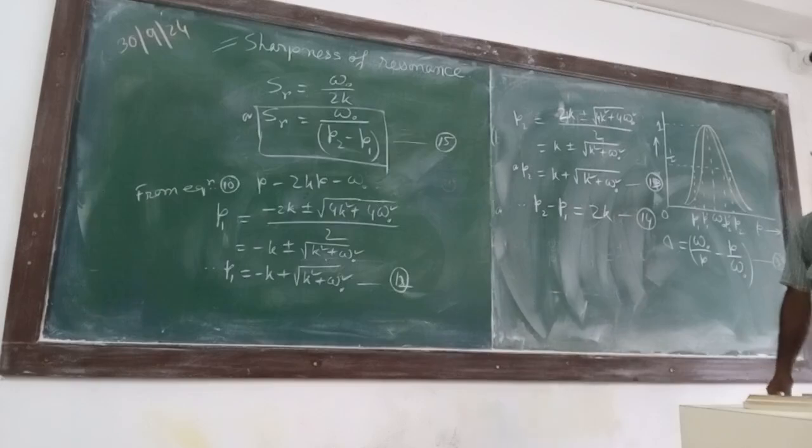So the sharpness of resonance SR equals omega naught by 2k equals omega naught by P2 minus P1.